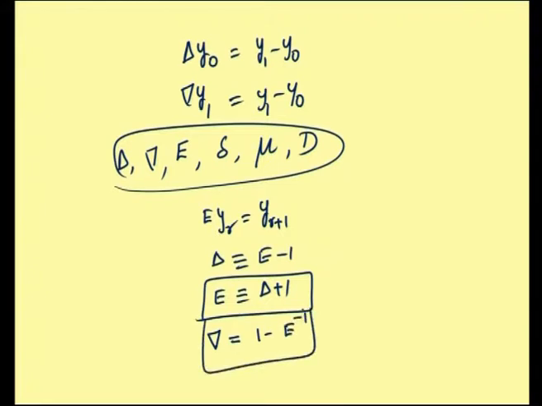This is another relationship, and then mu is equal to 1 by 2 times E to the power 1 by 2 plus E to the power minus 1 by 2, and small delta is equal to E to the power 1 by 2 minus E to the power minus 1 by 2.